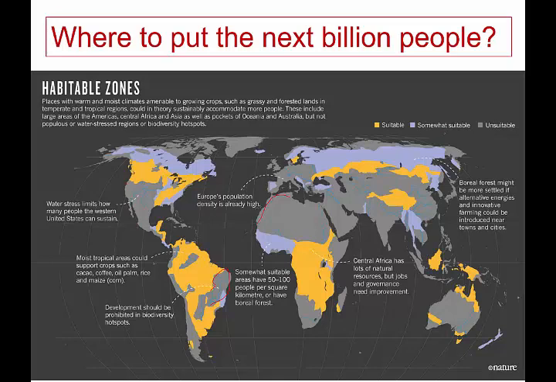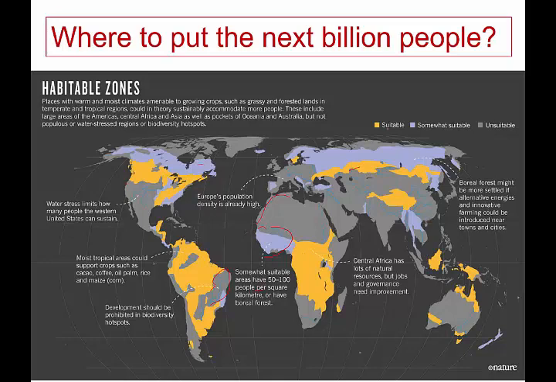The blue areas are considered somewhat suitable. You'll notice that the blue areas are up here in Russia. Now remember, this is still very, very cold up here. In northern Canada and Alaska, very, very cold. Here's an area that's somewhat suitable because we still have a lot of forest.